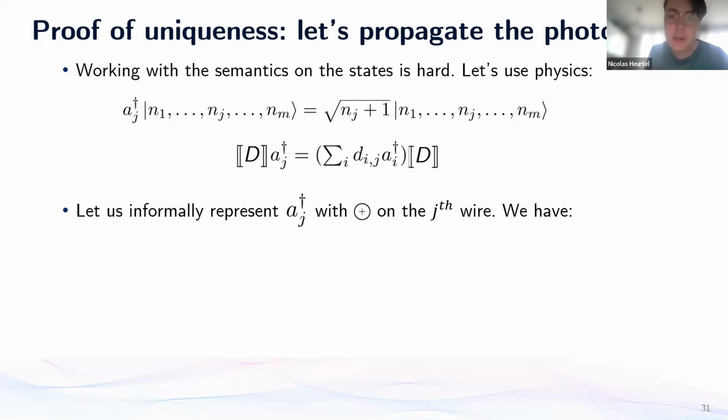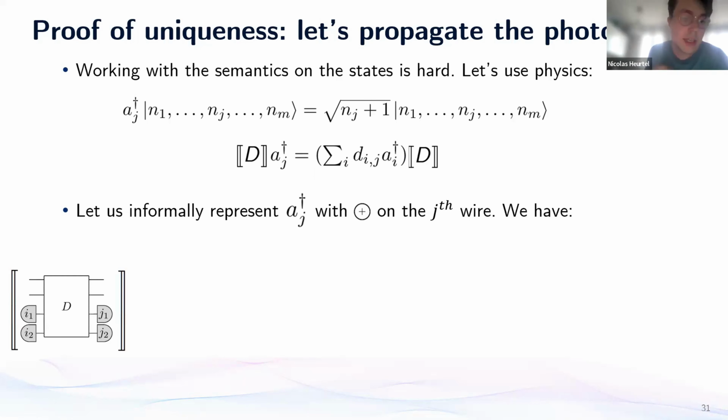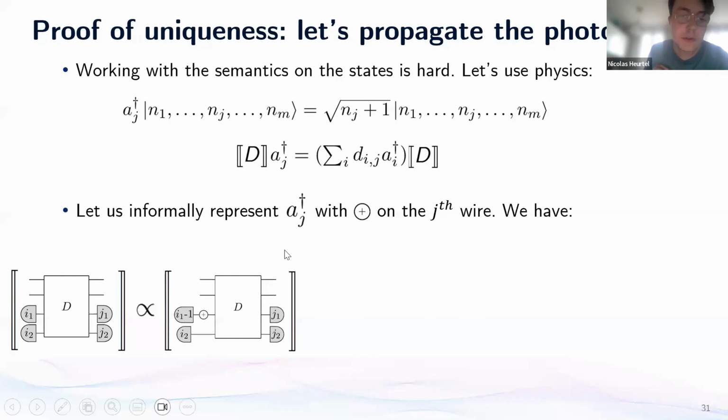That's the formula. Let's just show graphically what it means. So I will just informally represent the creation operator with a plus to say I just add one photon. So if I have that circuit, for instance, so just omega, then it is proportional, because I don't want to precise the square root of A1, but it is like the same as that circuit with a source I1 minus 1, and I add one photon, basically.